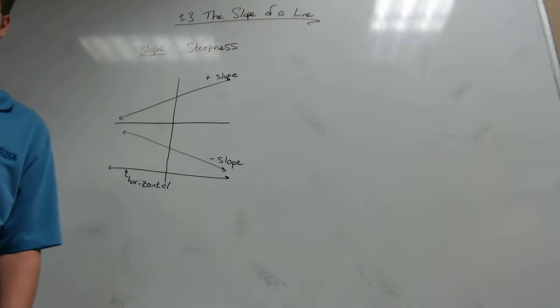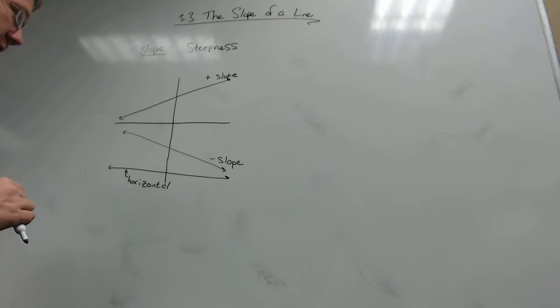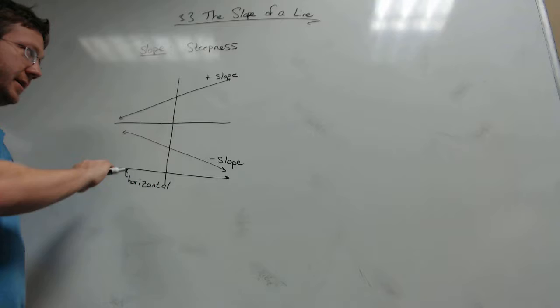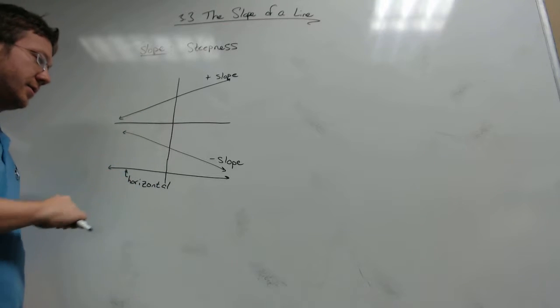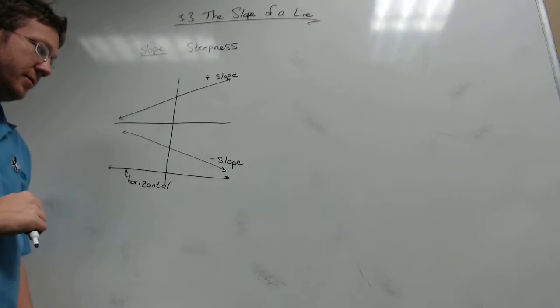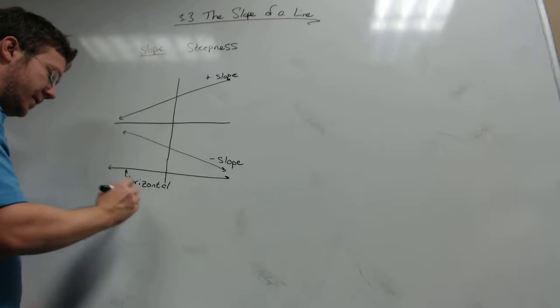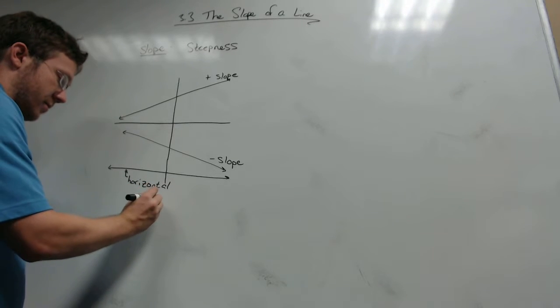You're standing on the floor in your home. Hopefully that floor is flat. It's not increasing. You're not climbing uphill or sliding downhill when you walk on the floor. So the slope of a horizontal line, we say, is 0.